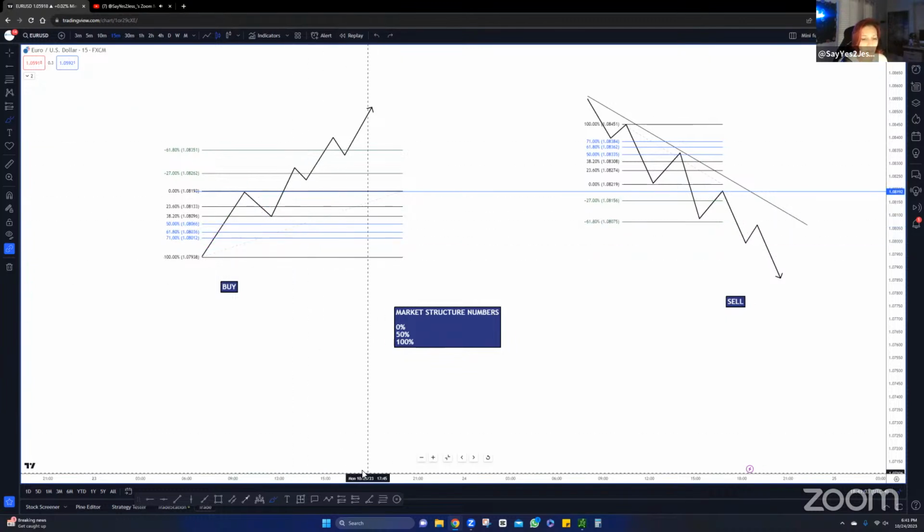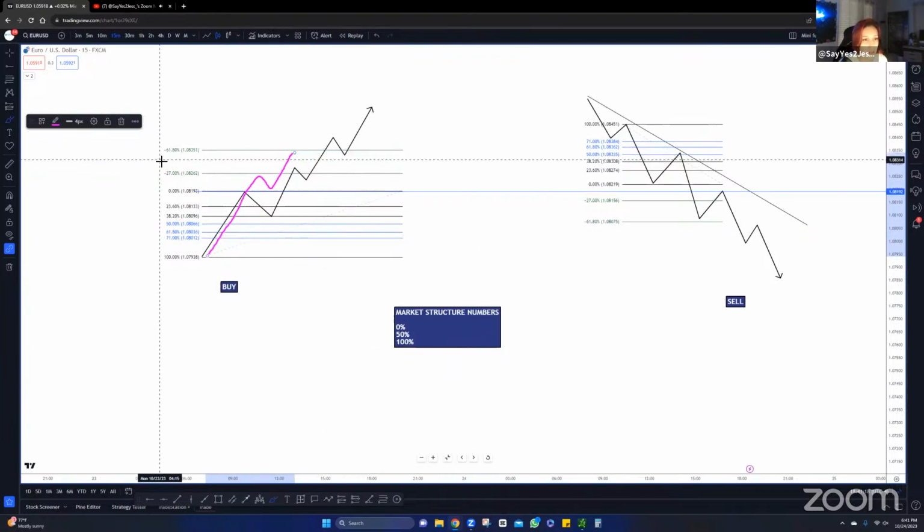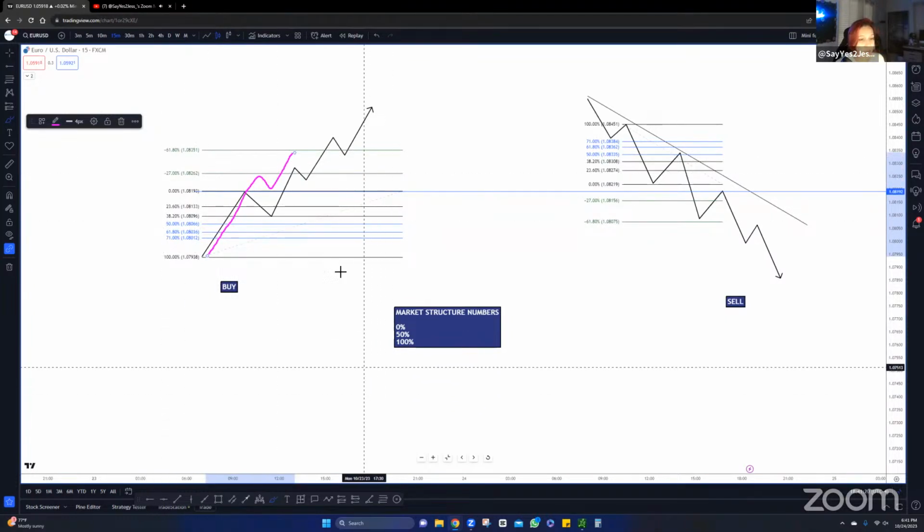Another thing to keep in mind is that if the market does break that 0, our second TP is going to be minus 27. And then what we want ideally is for it to land on minus 27 and go to minus 61.8. Now, if you study harmonics, there is one that goes in between this. I don't personally use it, but there is one that goes in between, something like the 414 or something like that.